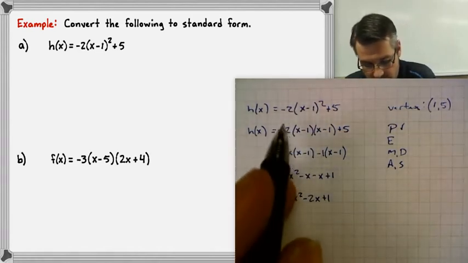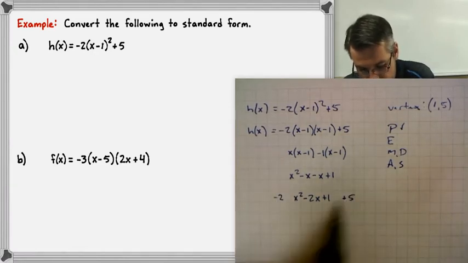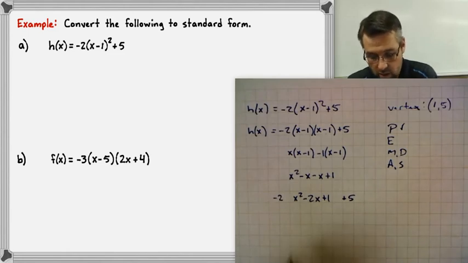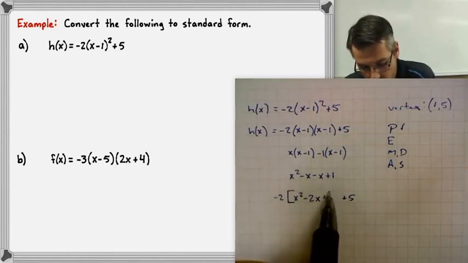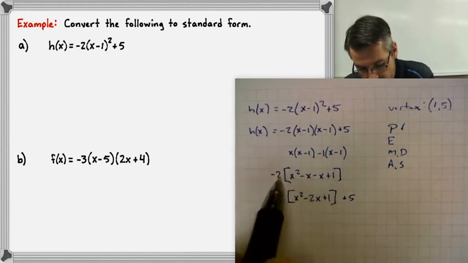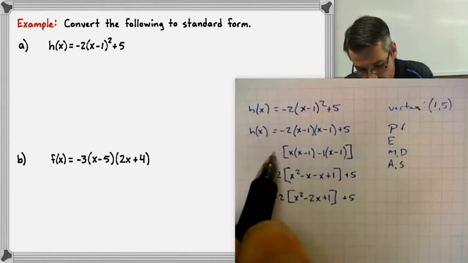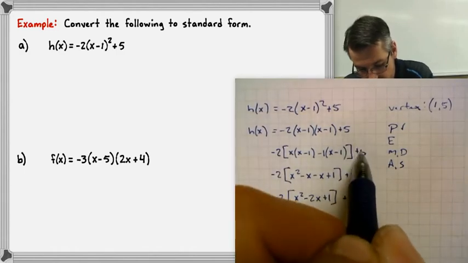So you'll notice I still have this negative 2 out front and this positive 5 at the end that I have not dealt with. So I'm going to put brackets around all of this, and I'm going to rewrite the negative 2 and the 5 in each of these so that I can see it and so I don't forget it. Okay?